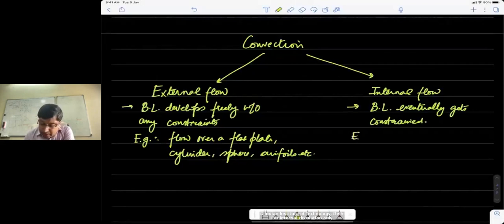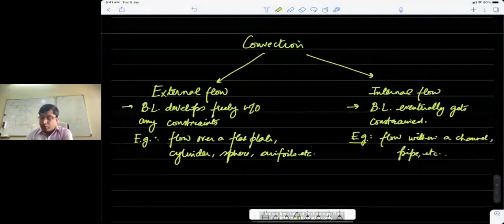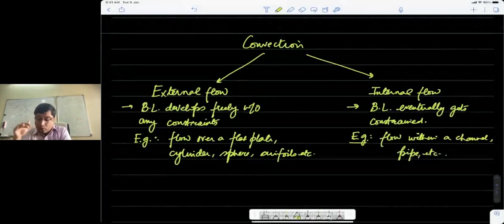The example of this that we will consider in this segment would be flow within a channel or a pipe. Some problems that you have maybe done in fluid mechanics as well, when you might have derived velocity profiles of flow within a constrained geometry.